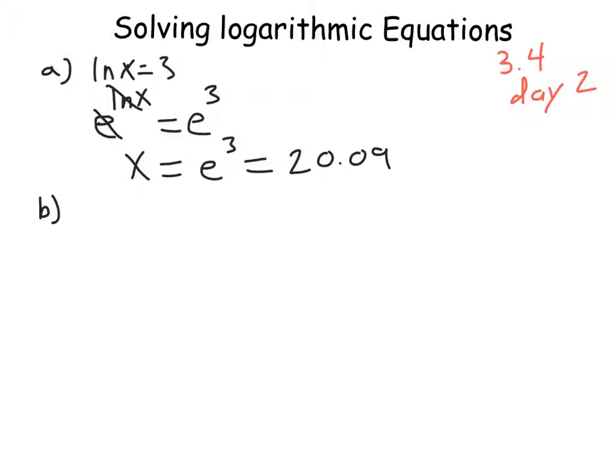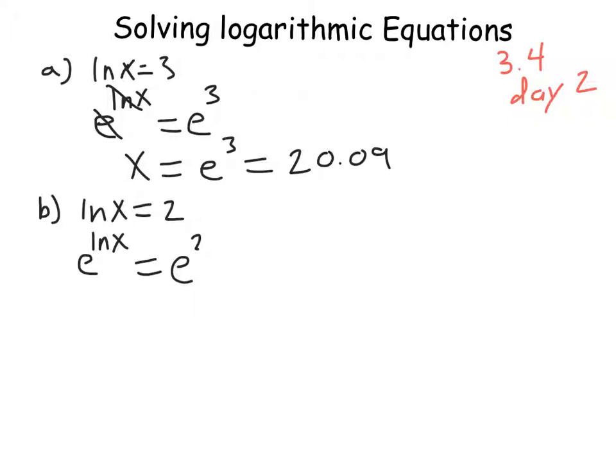Let's see another one that's real similar. ln of x is 2. Okay, really, really similar. Write each side as an exponent. And in the problems we'll see, it's not always going to be base e. That's worth pointing out at this point, that I'm only using base e because the problem started with a natural log.